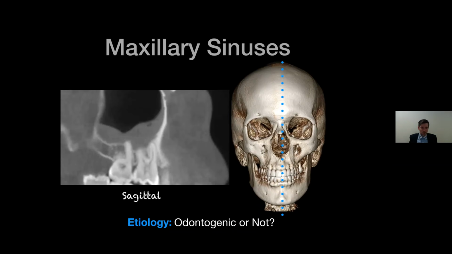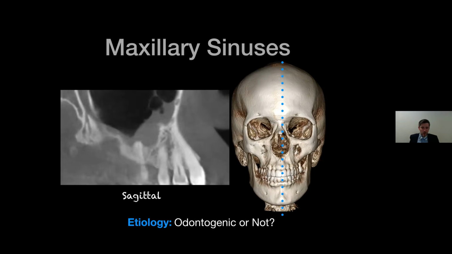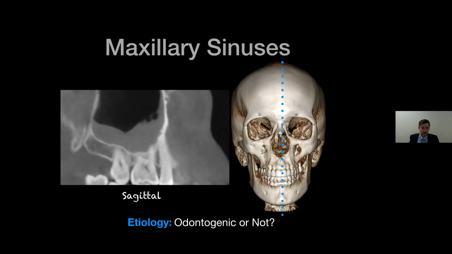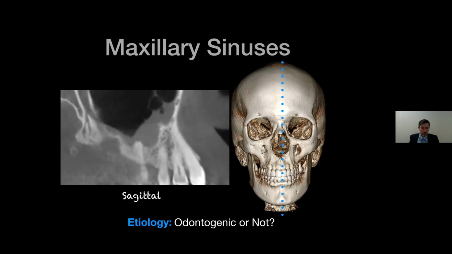Looking at this slice in the sagittal view, I could see there's some gray stuff in the sinus here. There's mucosal thickening or there's fluid. So I want to go through the slices and check to see, is there a periapical lesion that's causing this inflammation in the sinus.